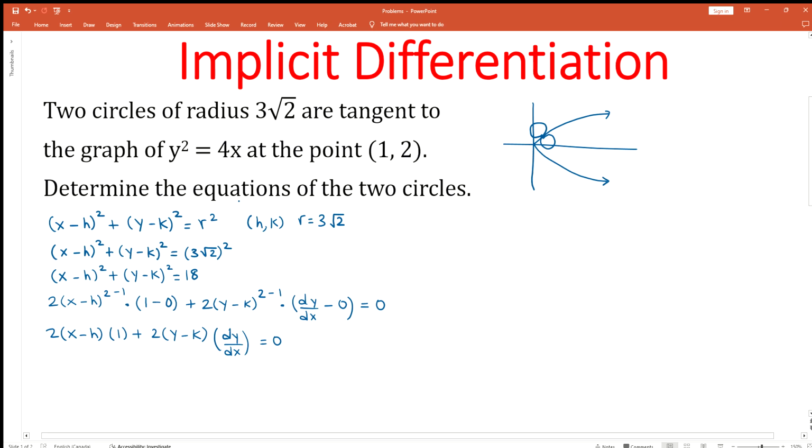We have to isolate dy over dx in this equation. In the first term, 2 times 1 is 2. We can move the term 2 times (x minus h) to the right side of the equation.